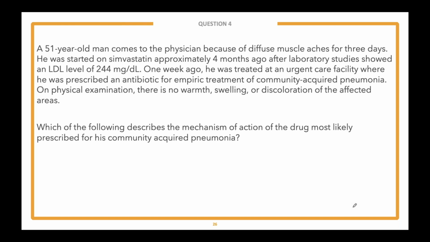On physical examination, there is no warmth, swelling, or discoloration of the affected areas. Which of the following describes the mechanism of action of the drug most likely prescribed for his community-acquired pneumonia?